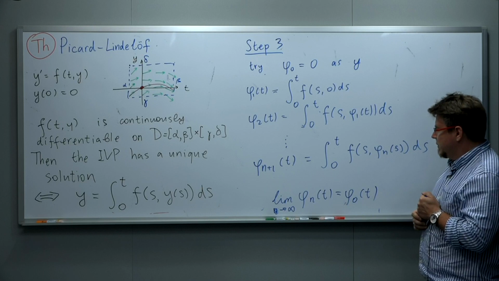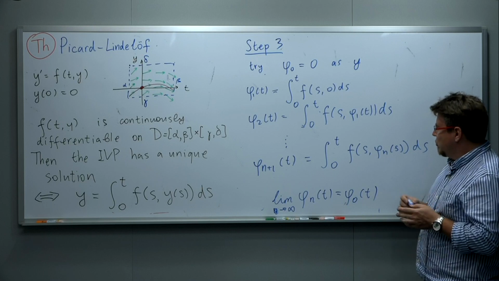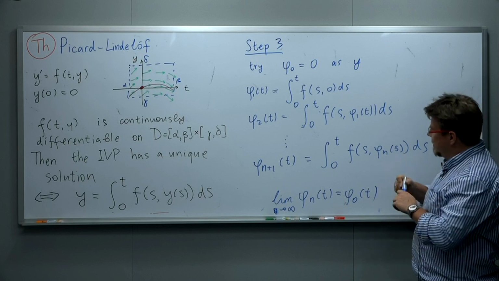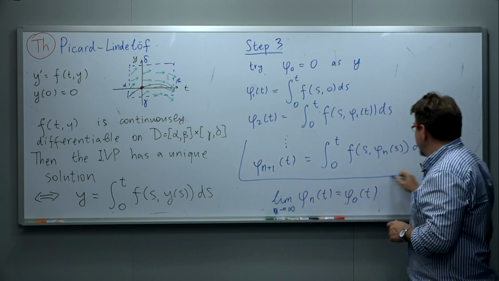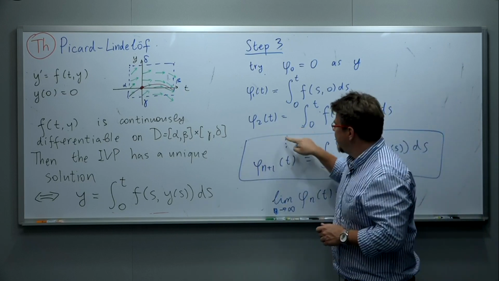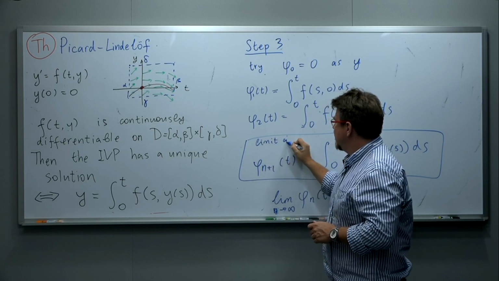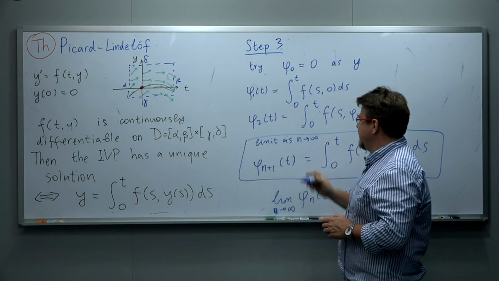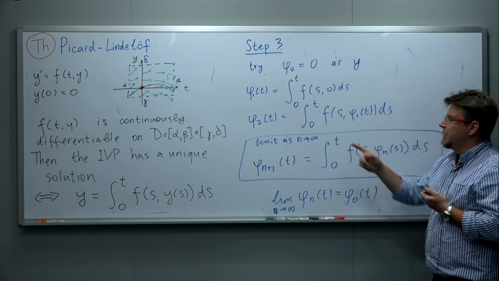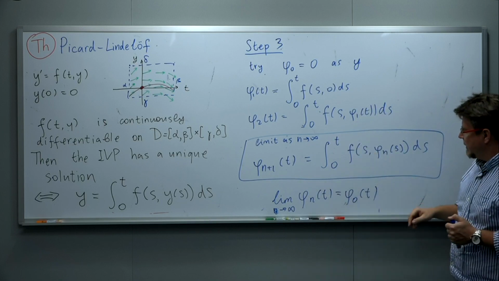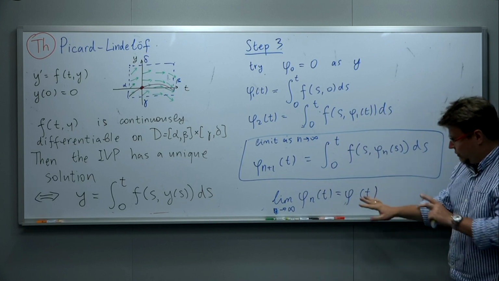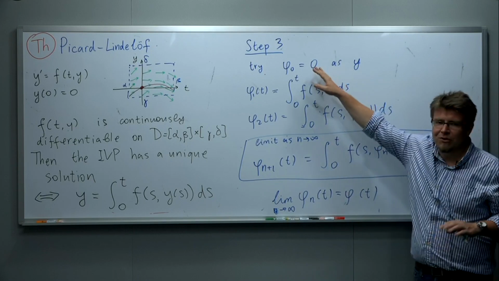Right? Then what happens if we take this definition and take the limit as n goes to infinity? Sorry, not phi 0, it's just phi. Phi 0 is 0. Sorry about that.